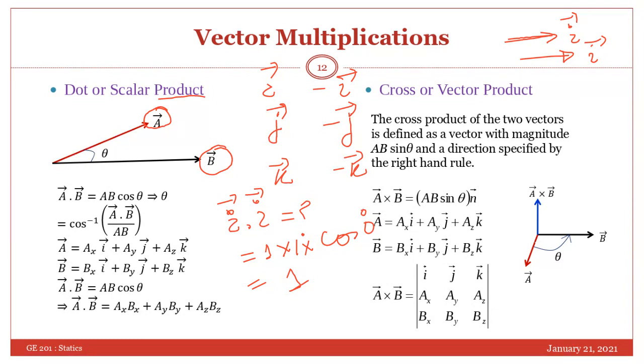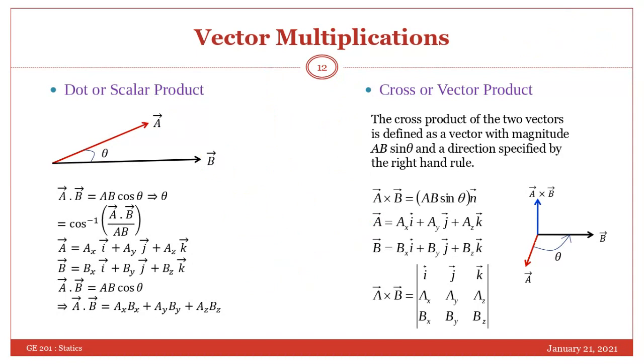Now, what about vector I with J? Who will tell what will be the answer now? Vector I dot vector J. It's 0. Very correct. Vector A dot vector B is AB cosine theta.